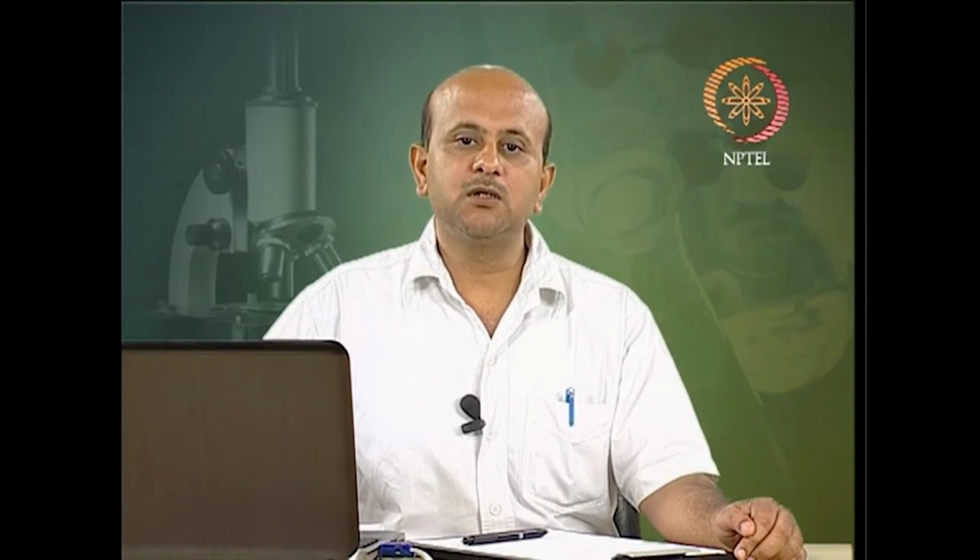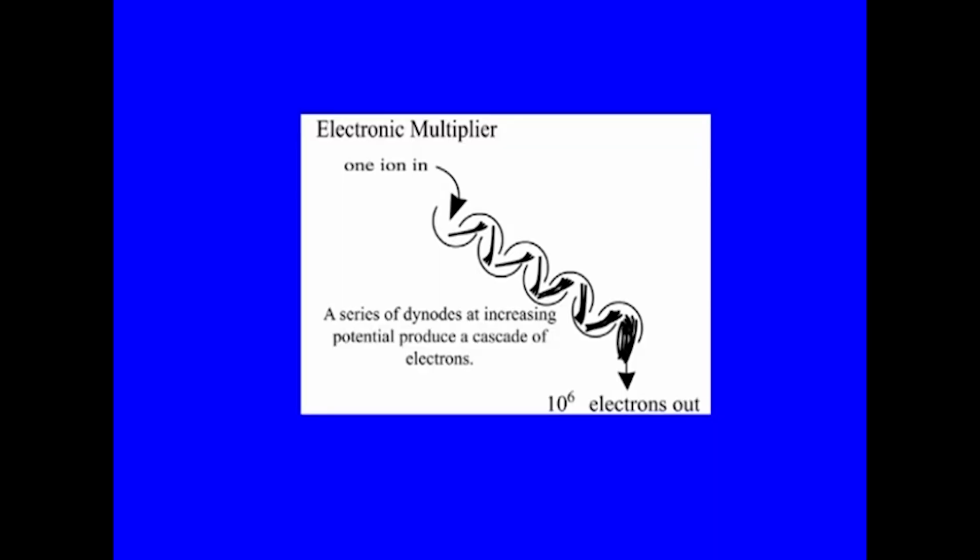Ultimately, as numerous diodes are involved, a cascade of electrons is formed, and that results in an overall current gain of the order of 1 million or higher. So, if you see here, this is the electron multiplier. One ion comes in here, and then through a series of diodes at increasing potential it produces a cascade of electrons, and you get a very high signal here.